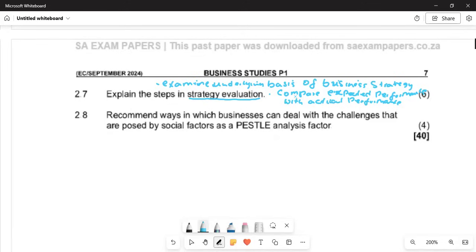So you want to see your standard performance against actual performance so that you can see whether you've reached your goal or not. If not, then you are to take what? Corrective actions.